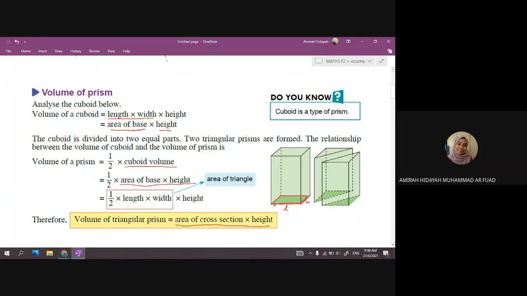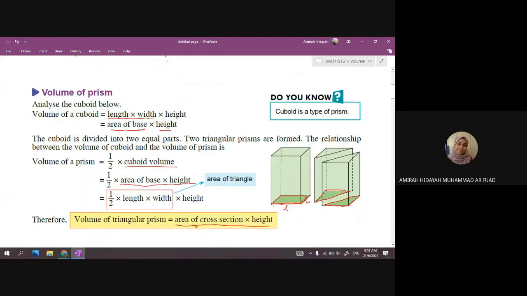So perasan tak sebenarnya length times width ni, area of base ini, sebenarnya ni triangle ni punya area kan. Area untuk base cuboid ni dia akan membentuk area of triangle untuk prism ni, betul tak? So that's why 1/2 times length times width, which is actually the area of triangle, times height.